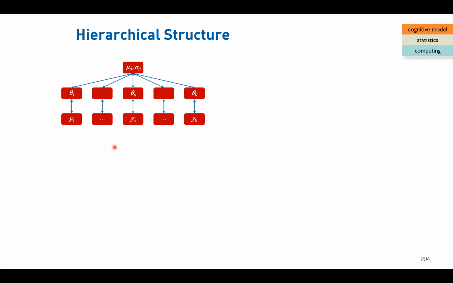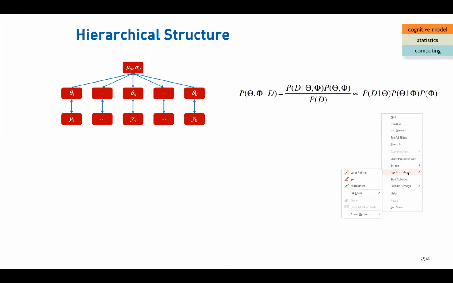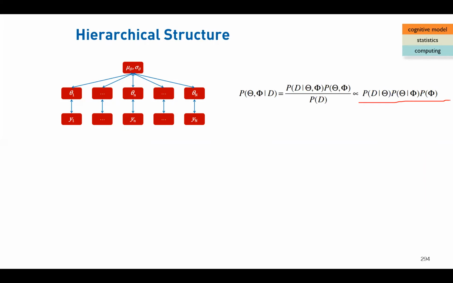Even though they have different names, the underlying structure is always like this: group level, individual level. The same structure can also be represented a little bit differently, using an equation to describe how the hierarchical model works. If you remember the idea, whenever we have a long conditional probability equation, where do we look first? We always look at the rightmost.